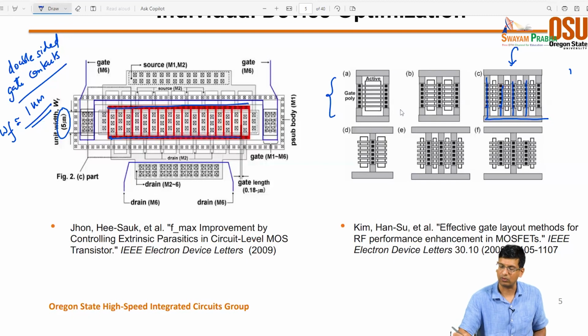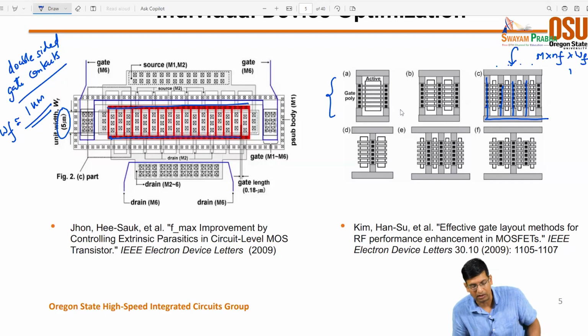And so if I think about this as the number of ring stripe structures, let's say that's N, and then there is a NF, right? And then there is the width per finger that I have, right? So then this becomes my overall width that I have in my device, right? So these kind of layouts have been shown to have good performance by reducing the gate resistance.